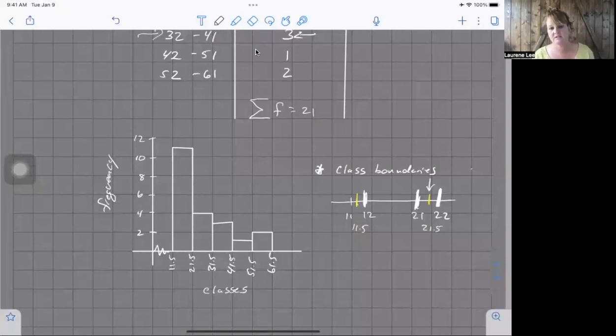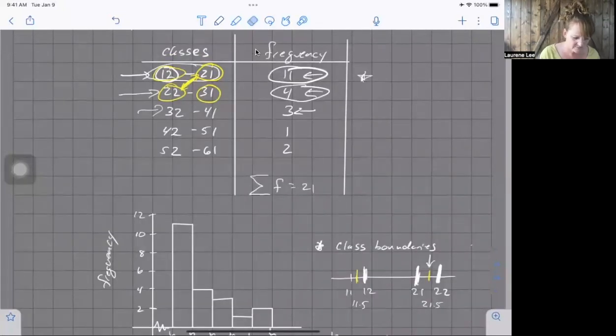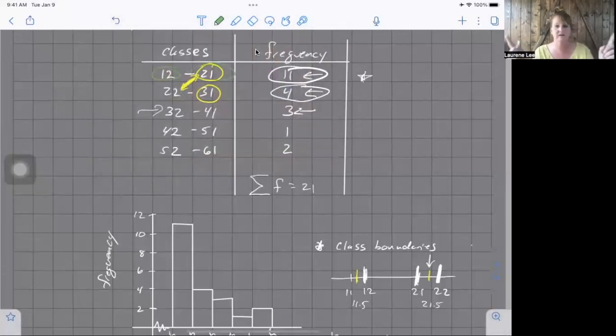The other way to label your classes is with midpoints. You remember how we've talked about averages before. The way you average two numbers is you add them up and you divide by 2. So what the midpoints do is they take the class minimum and the class maximum, this value and this value, and they're finding the middle.